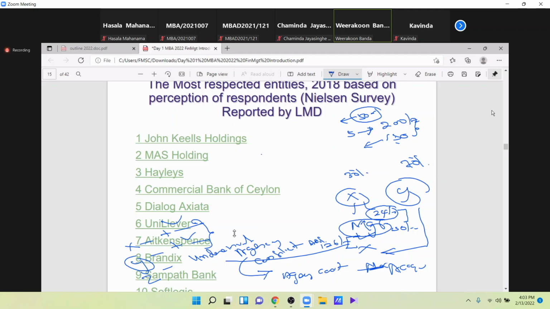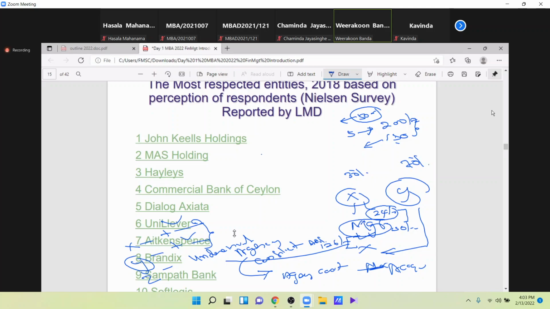Even now on the government side, between the different parties, maybe between the president and the prime minister, or between the prime minister and some ministry's chairman, or between the chairman and some other secretaries, there can be different conflicts. That conflict arises due to this kind of thing. In corporate finance or financial management, agency conflict arises mainly due to two reasons.